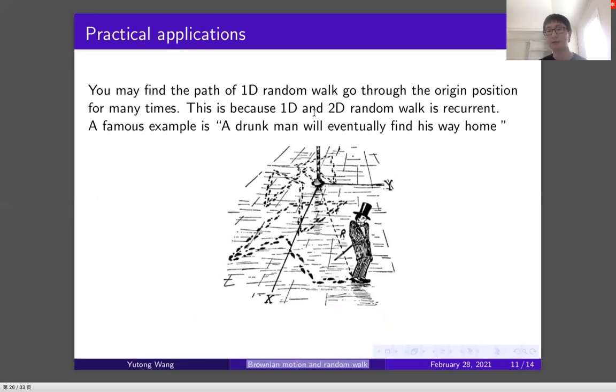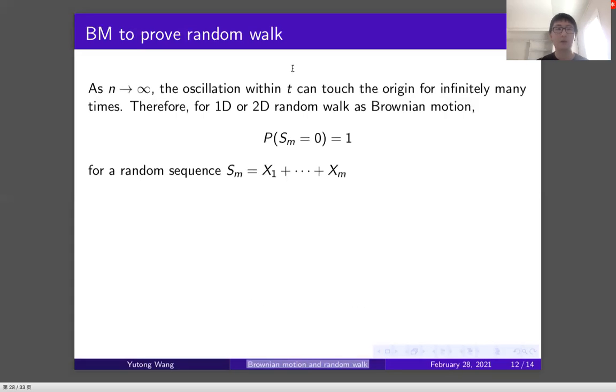This is because in one dimension and two dimensions, we have the property of recurrence. A famous example is that the drunk man will eventually find his way home, either when he walks along a line or on a plane in two dimensions.